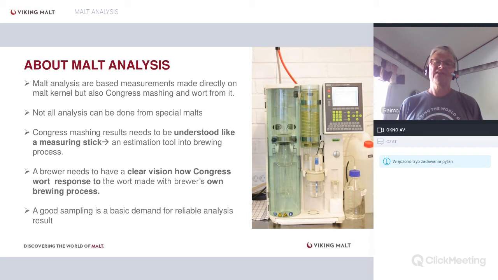So it is kind of an estimation tool for your own brewing process, and you need to learn to have quite a clear vision of how, or with what kind of response, a change in the Congress wort results will show up in your own brewing process.